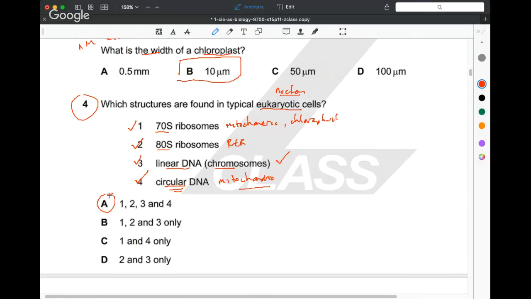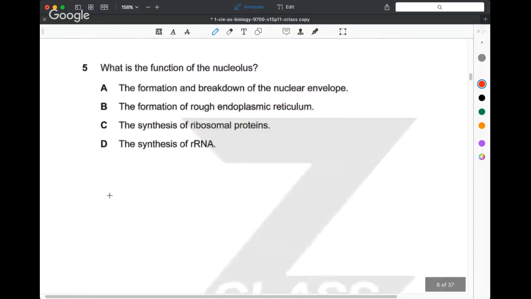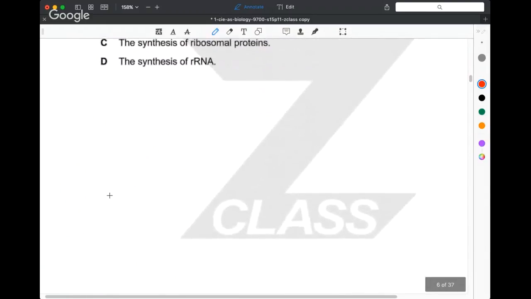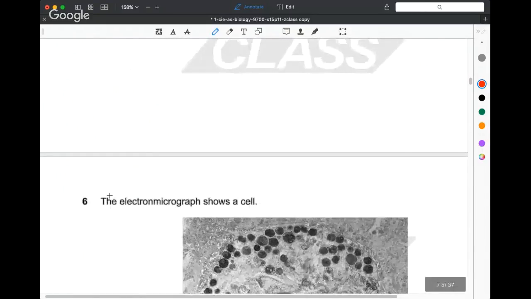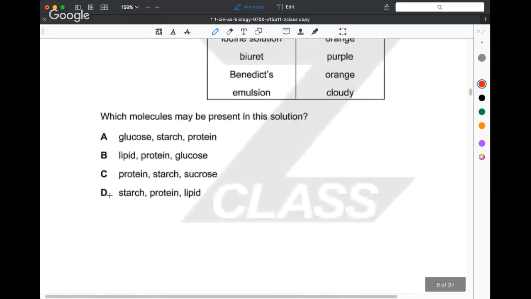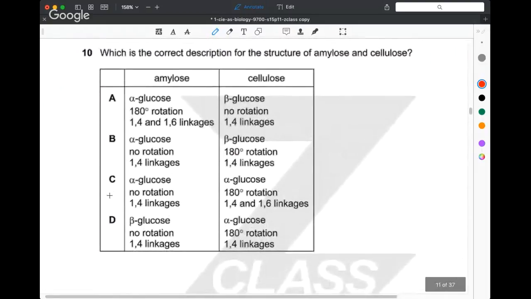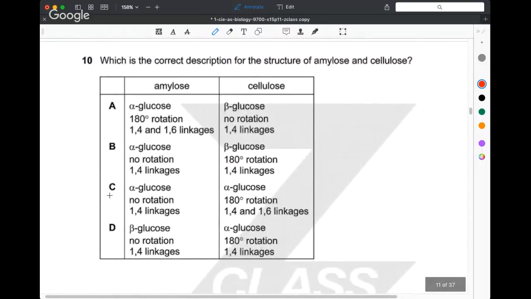Okay, so moving along, the next question that the examiner flagged up for students was question number 10, actually. Where's 10? Okay, so there's a whole question here doing a comparison or a contrast between amylose and cellulose. All right, so we'll just revisit those two polysaccharides for a moment.